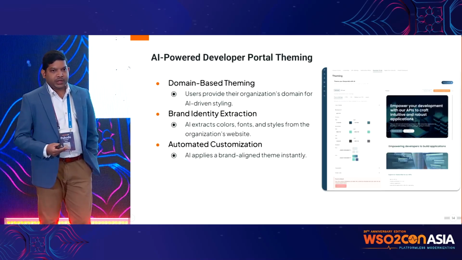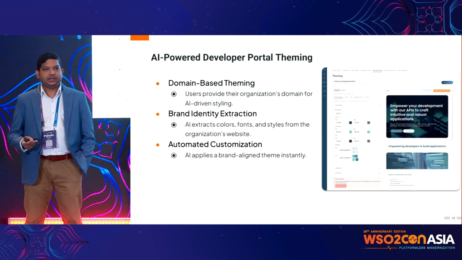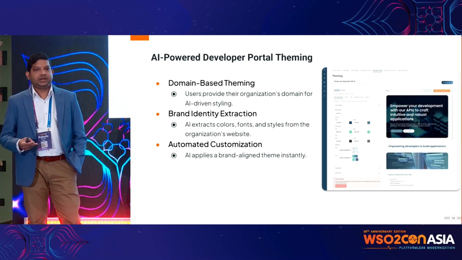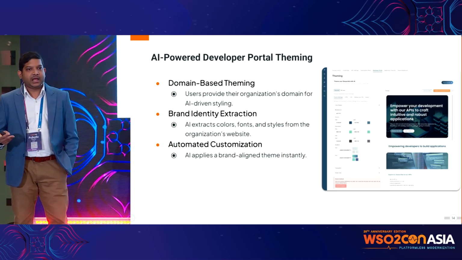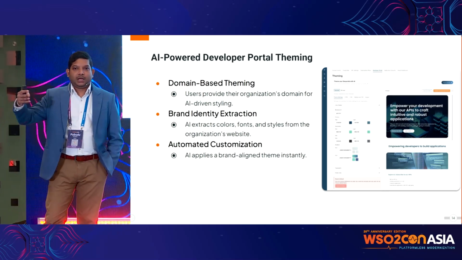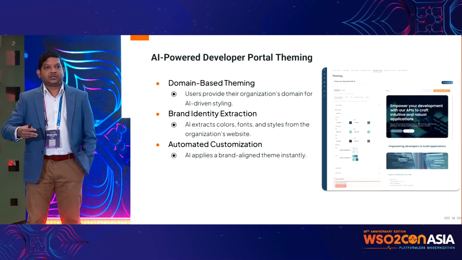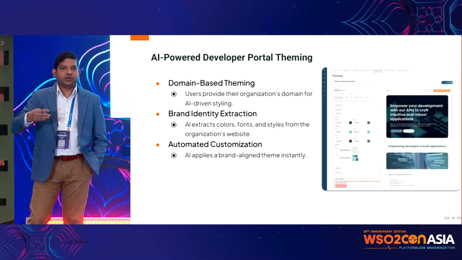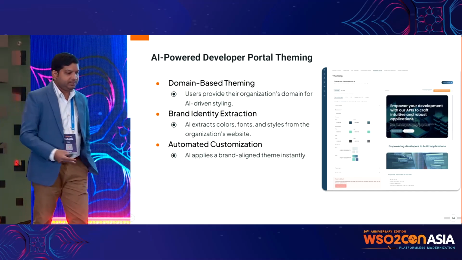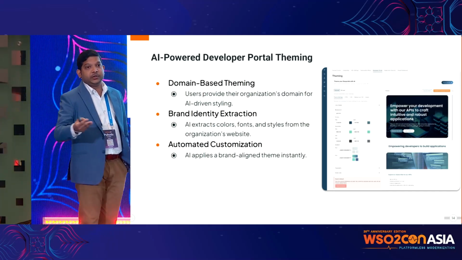And when it comes to API developer portal theming, now we have the ability where you can just provide your organization domain and we will theme the developer portal based on your organization's fonts, color theme, and the styles that you have applied.